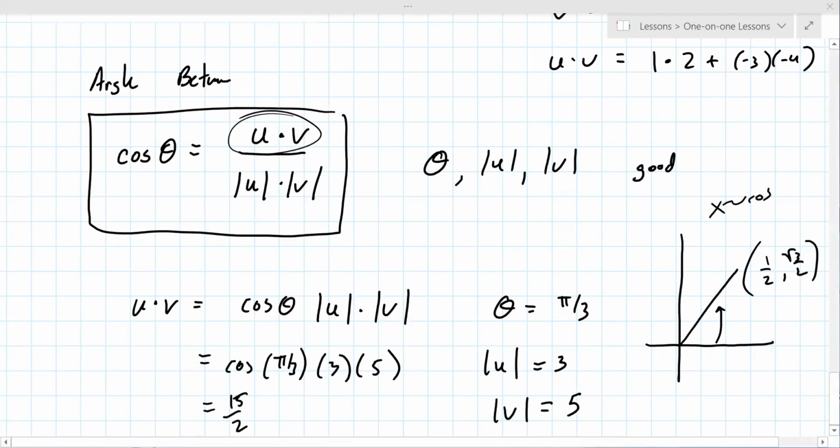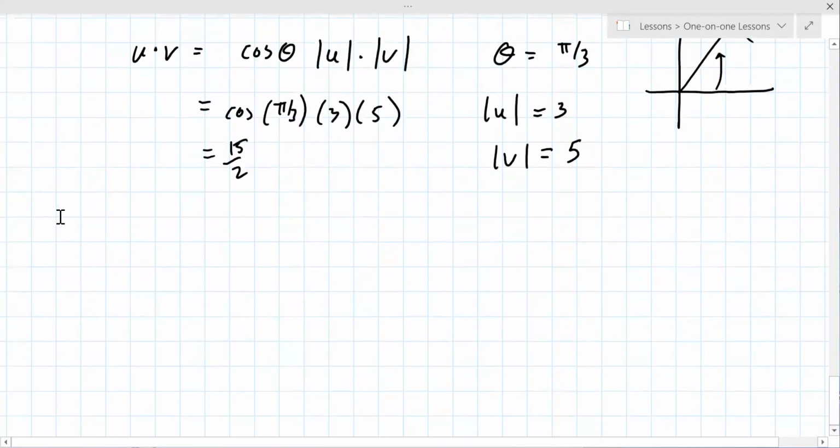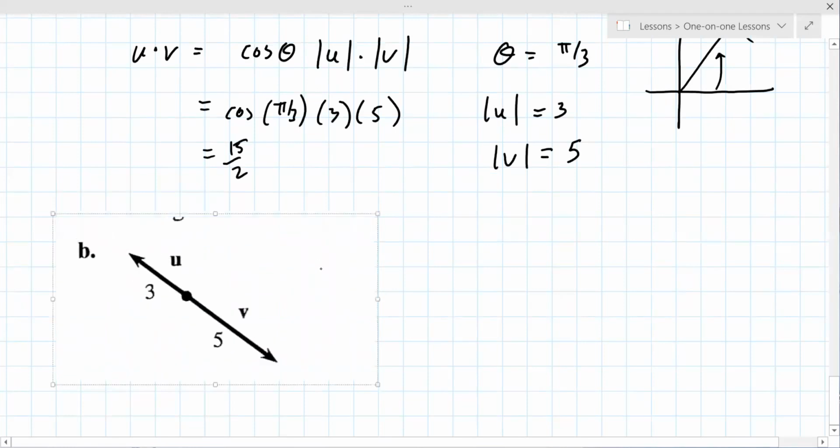Okay. So what's interesting is in part B, they don't give you the angle, but you do it exactly the same way. Do you know the angle between those two if they're on the same line? 180 degrees. So you actually know theta here is 180 degrees. If you don't mind, will you actually calculate the u dot v?